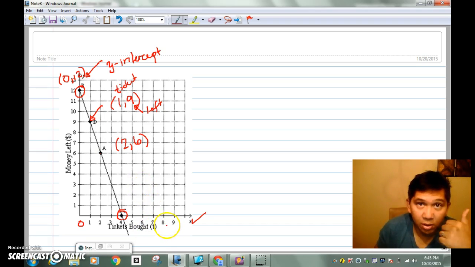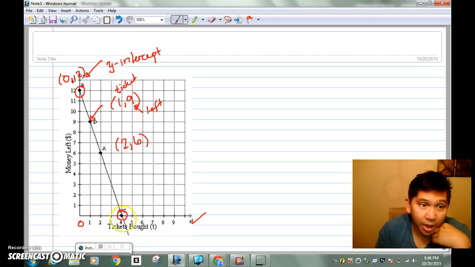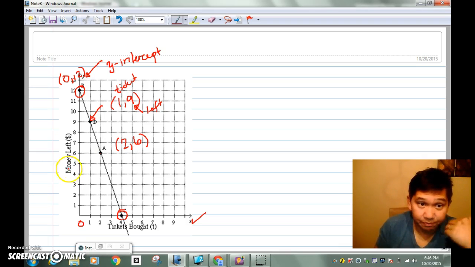One of them would be your domain, your input, your independent variable, that's your x. Now, the y, let's talk about the y real quickly since we're here anyway. This is going to be your y-axis. That means it's also your range, it's your dependent, and that's also our output. Okay? Remember your DIXI-ROY? That's it.